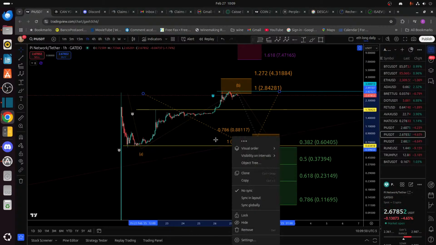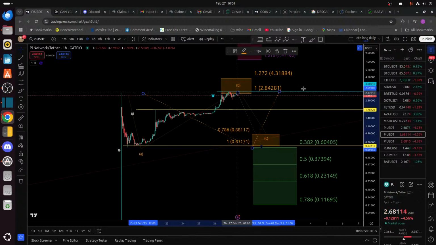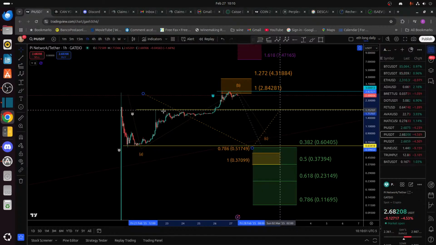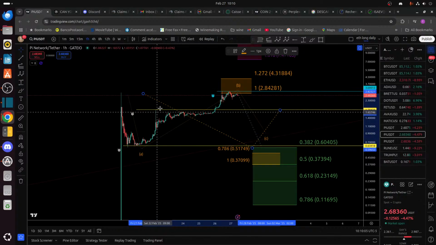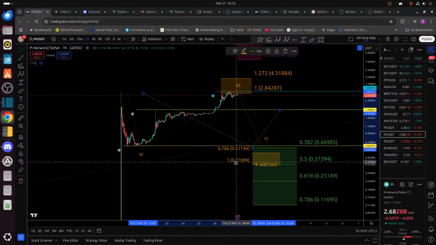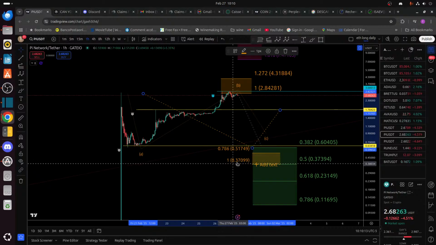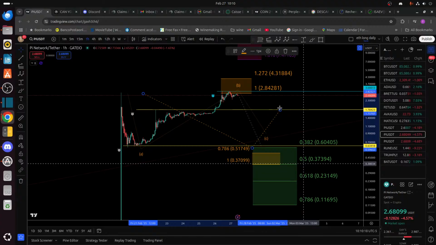So what this hypothetically high B wave did is it just raised our price, because before it was like this, so this was the A, I thought this was the B, and this would have been the C, and then our sweet spot would have been 37 cents, and at the same time it was the 0.5 fib retracement.